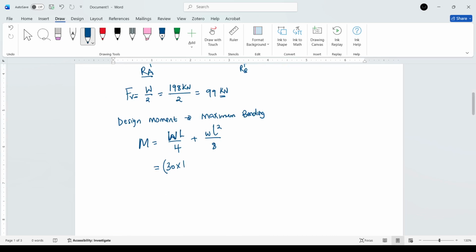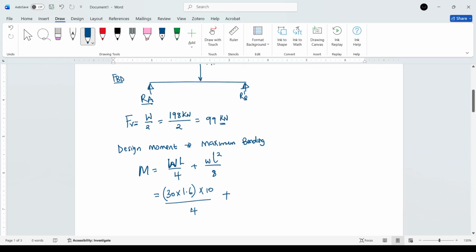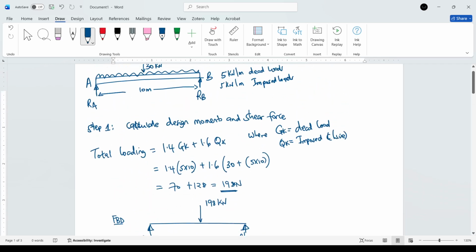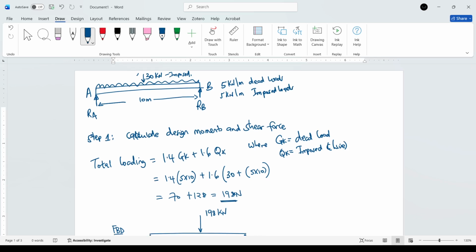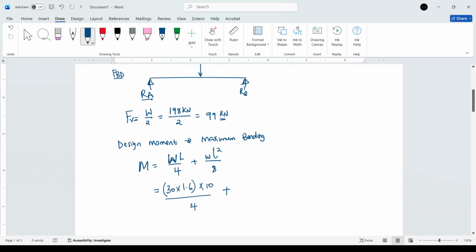multiplied by 1.6, multiplied by L, which will be 10, divided by 4, plus the small w. We have that one, so we'll have 5.